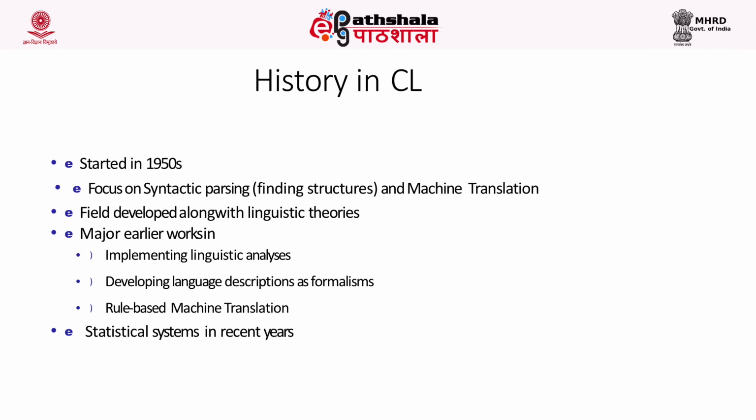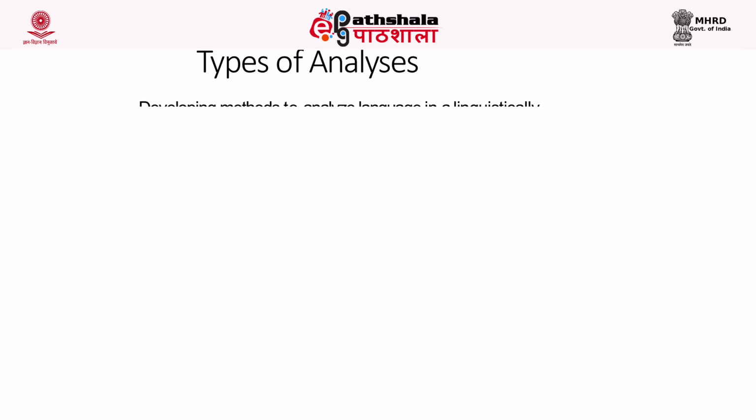So the major earlier works in the field were implementing linguistic analysis, because if we want machines to process human language, then it is extremely important to understand how the decoding or encoding happens in human language. Developing language descriptions as formalisms that could be implemented computationally was the other activity that went on.